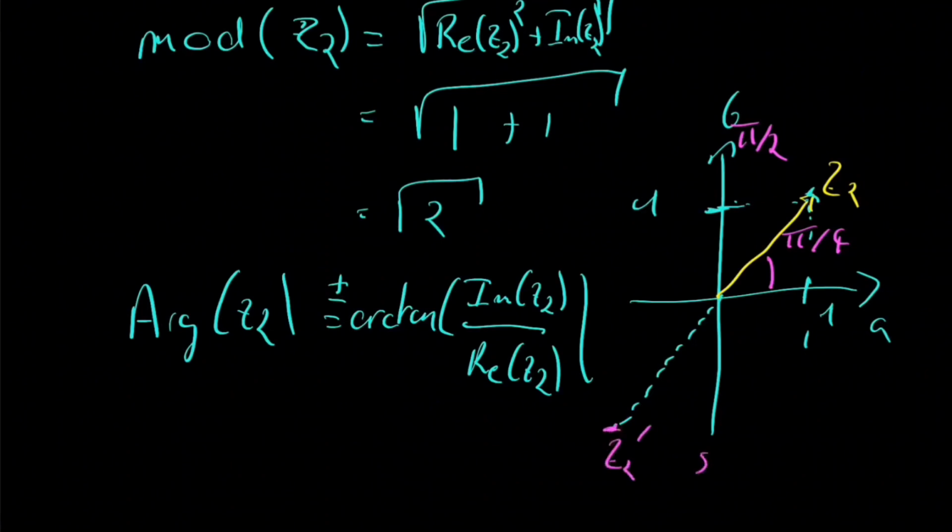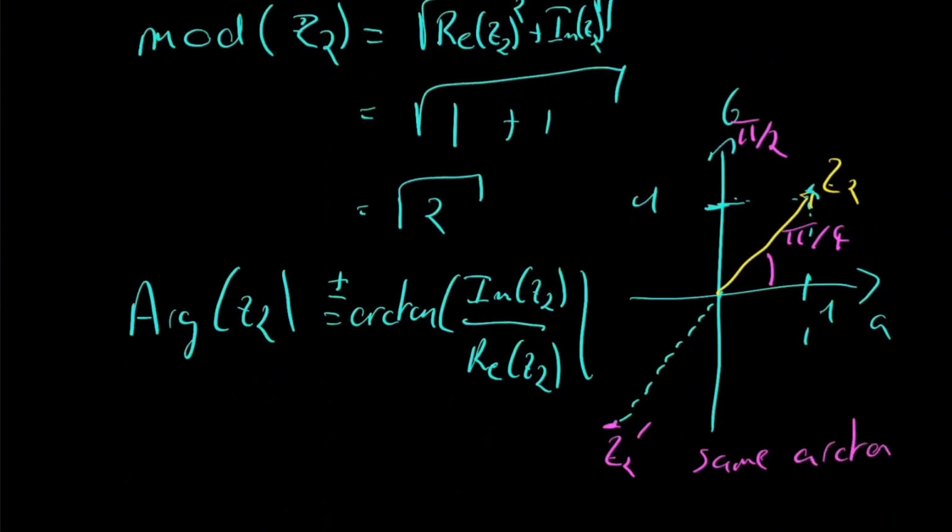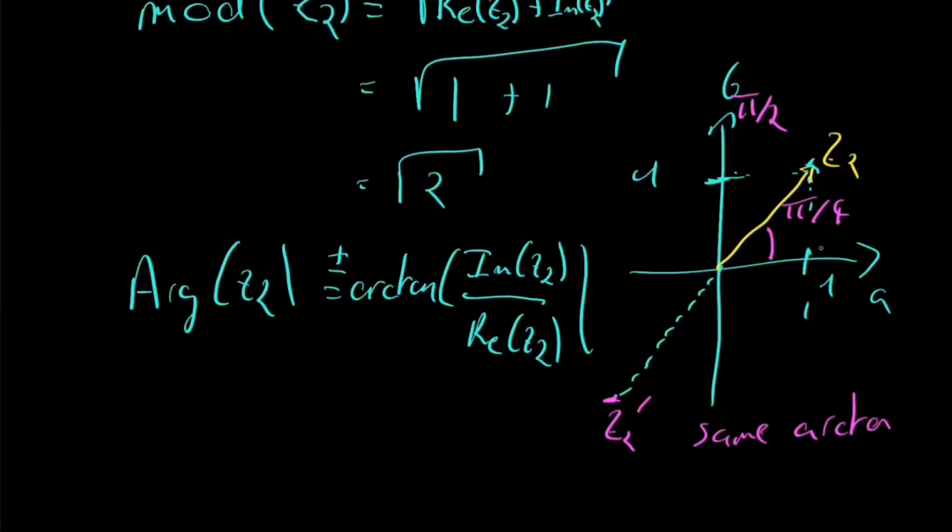This will have the same arc tangent. So how to differentiate the two? Just by writing z2 into the complex plane and choosing between pi over 4 or 5 pi over 4. The result is clearly pi over 4 because you've got a positive real part and a positive imaginary part. So we are on this side.